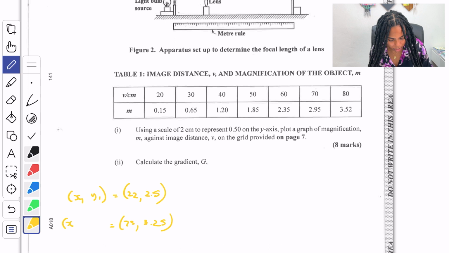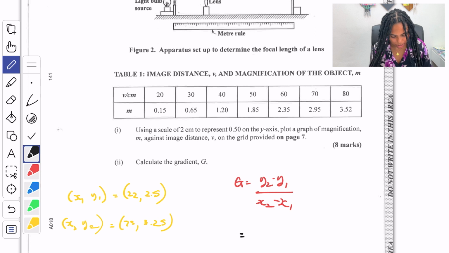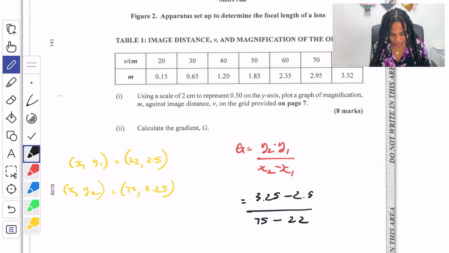This will be my x2, y2. Now I know gradient, which they're calling capital G, is y2 minus y1 over x2 minus x1. Plugging that in, I have y2 as 3.25 and y1 as 2.5, x2 as 75 and x1 as 22.